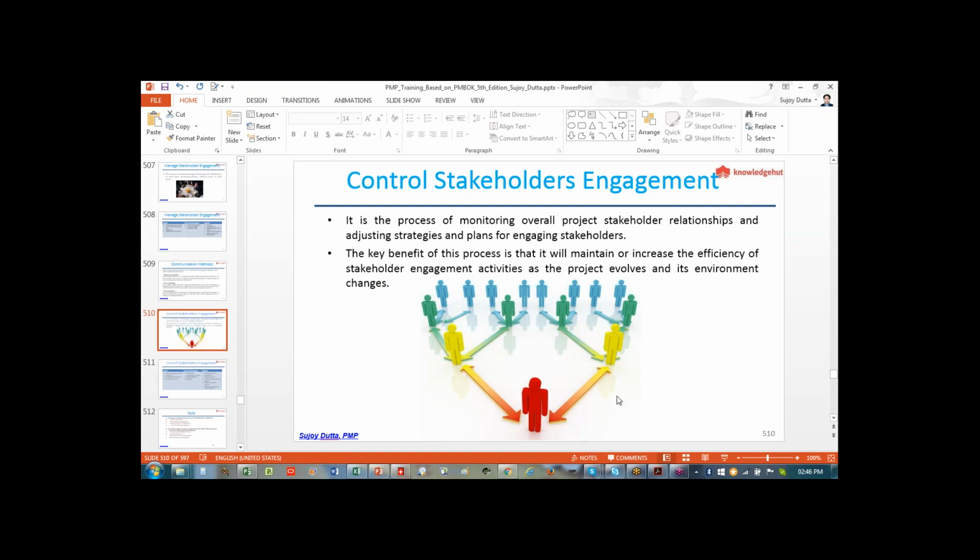Sometimes the pen doesn't work. So you can see the human figure in the red color. This is the guy who is to be managed closely, and the others are to be kept informed.